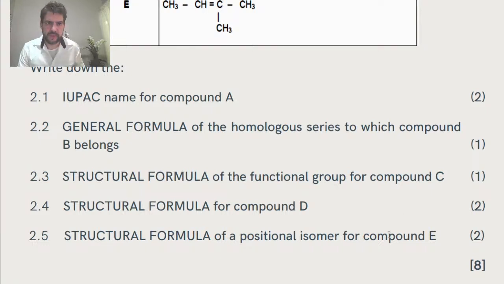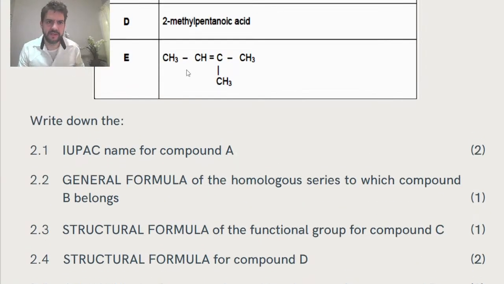Okay. Now compound E, you can see, is this compound here. Let me write it down here. We have CH3, single bond CH, double bond C with a methyl at the bottom, CH3, but not in this way. I'm writing it on the board so I can answer you.